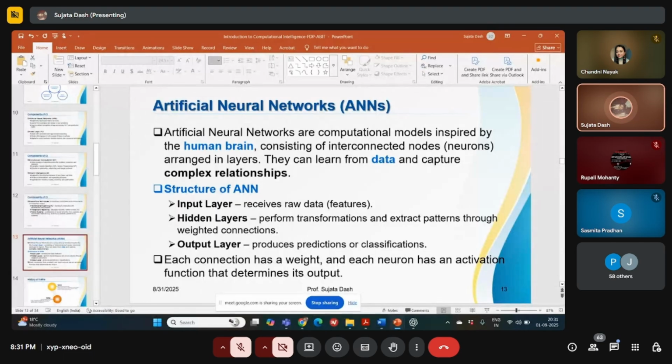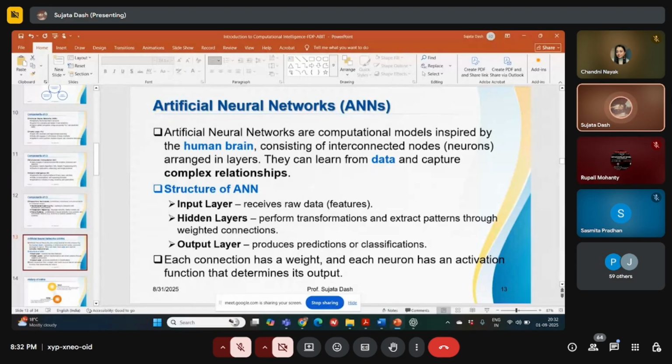Let me tell you the structure of ANN. It is a layered structure. You can find an input layer, and there may be more than one hidden layer between the input and output layer.